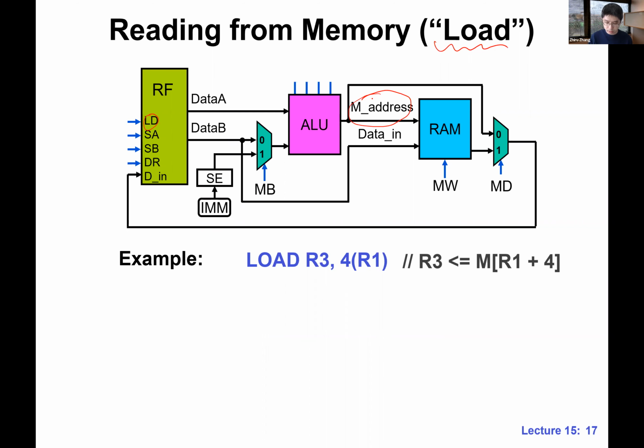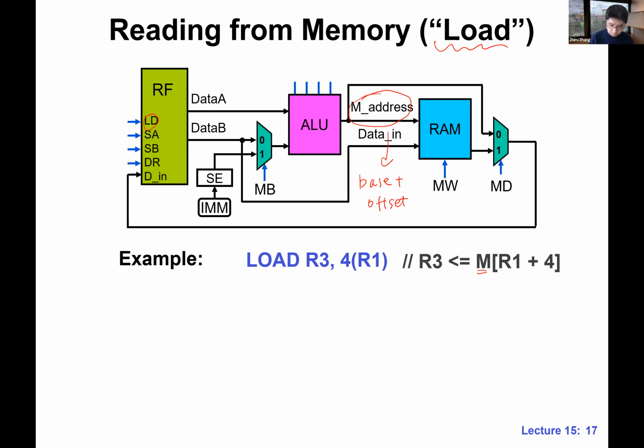Here we set the address. M means main memory. And in our 2300 processor, we're going to assume a specific format for specifying this address. This address will have two parts: a base address plus an offset.